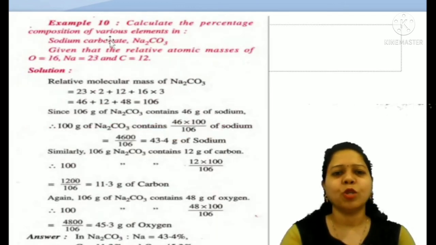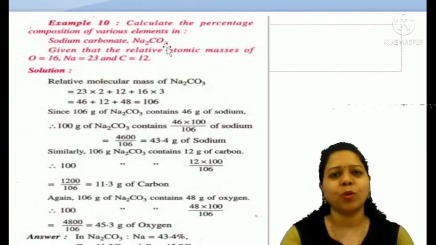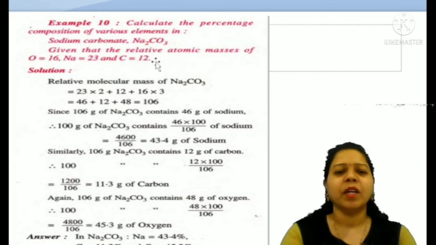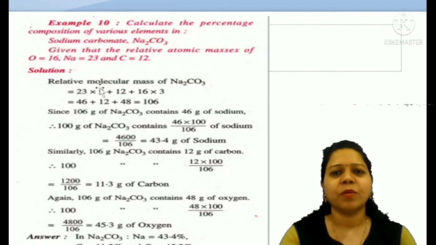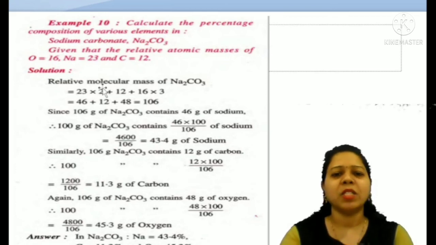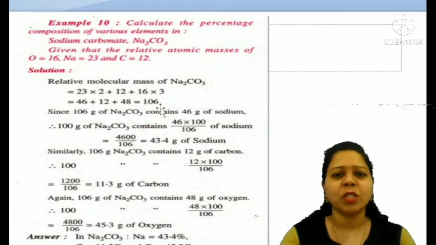Calculate the percentage composition of various elements in sodium carbonate. Now the formula for sodium carbonate is Na2CO3. Here the masses of sodium, carbon and oxygen are given. Whenever percentage composition is asked, first we need to calculate the mass of the whole compound, which is 106. Why 106?